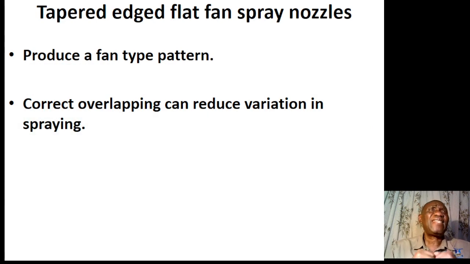Now these flat fan nozzles have got tapered edged ends. They produce a funny type pattern like what we have seen previously. And when you are fitting these on a tractor boom sprayer, you need to fit them well, because sometimes you end up under applying the herbicide or over applying it.